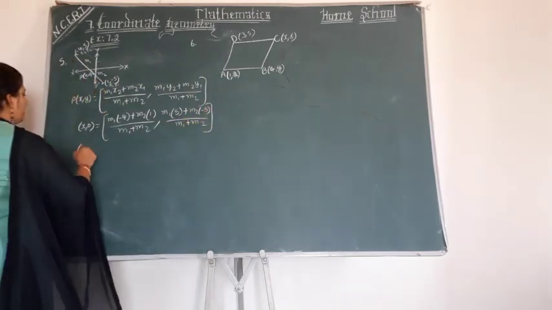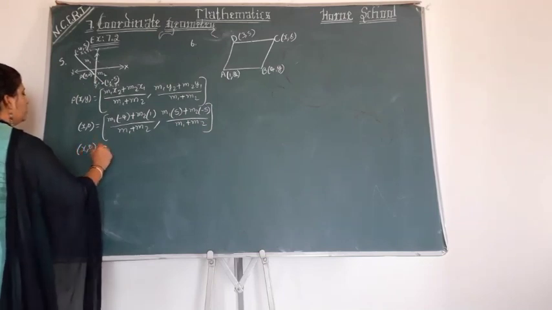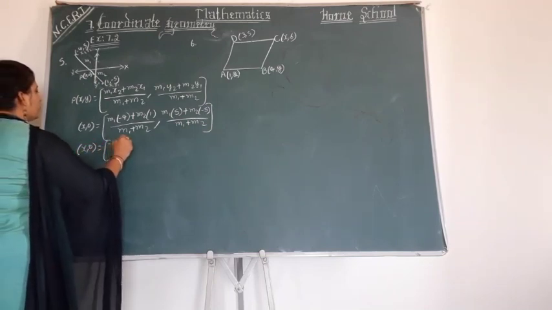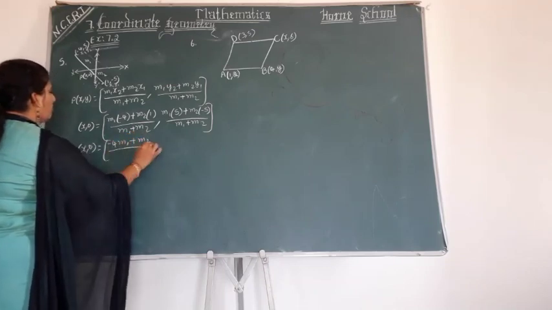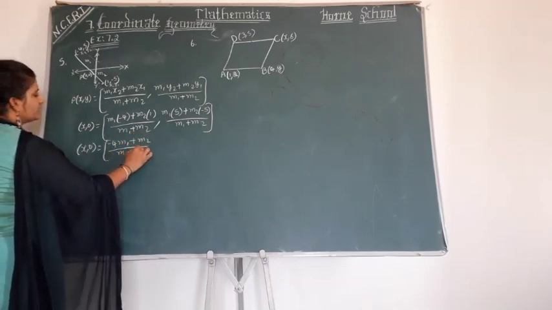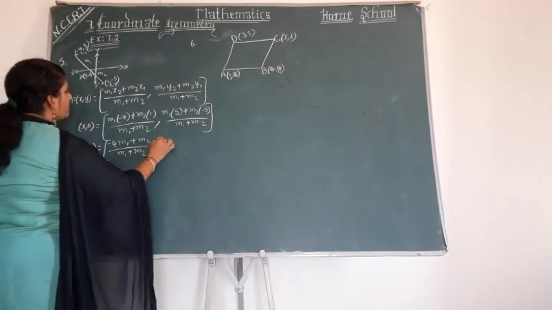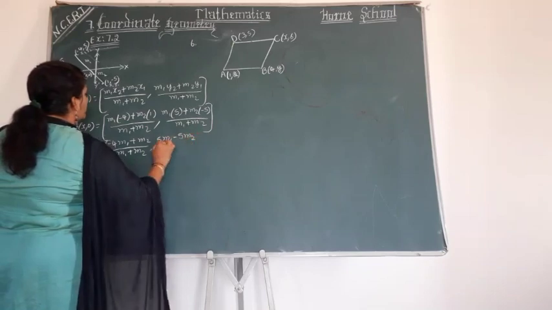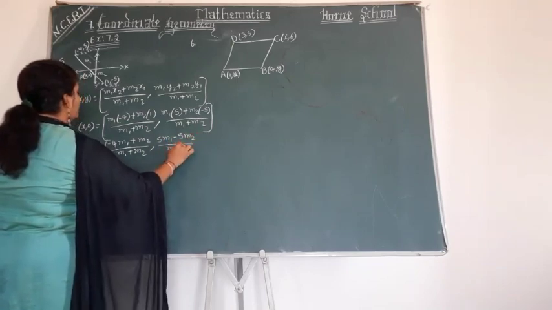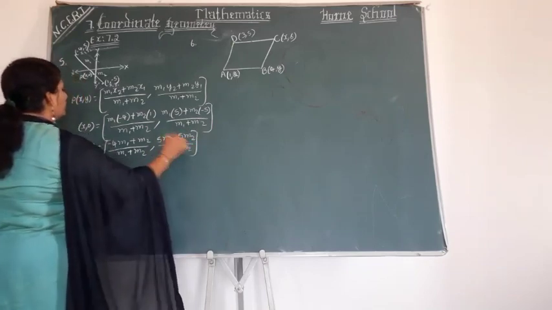One more step: x comma 0 is equal to minus 4m1 plus m2 by m1 plus m2, comma, 5m1 minus 5m2 by m1 plus m2.